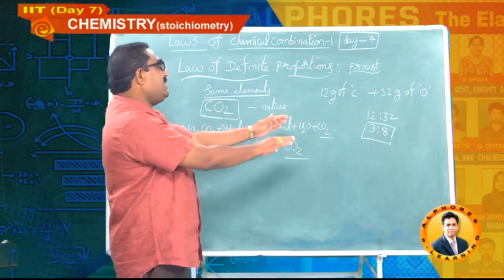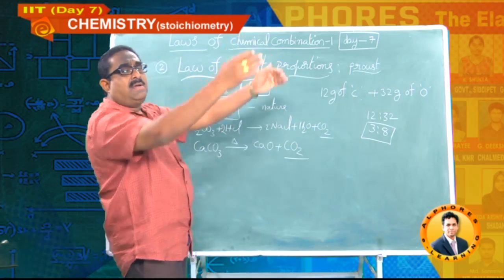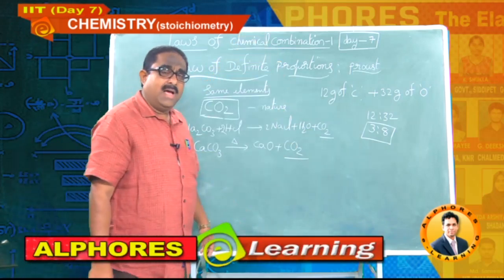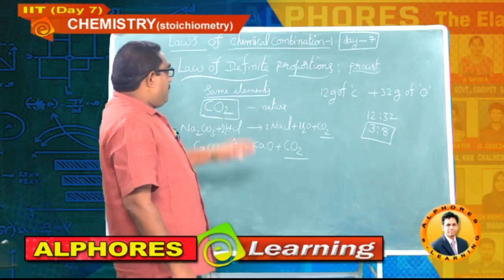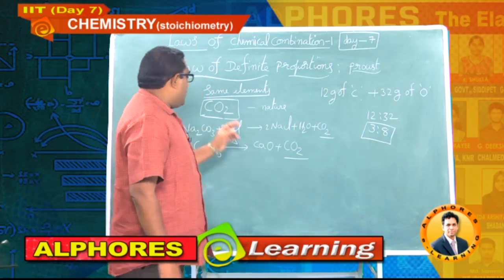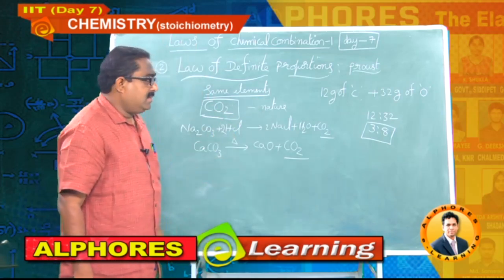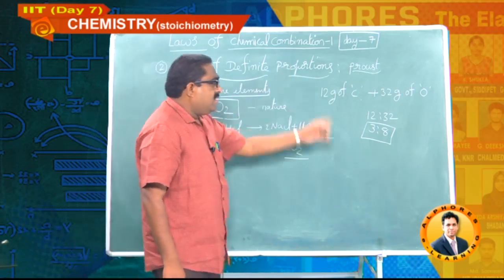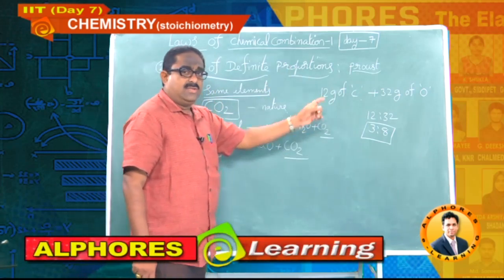If that ratio changes, it means you may get some other compound formed from the same two elements, carbon and oxygen. But for carbon dioxide, the mass composition of the two elements present is always fixed, that is 3:8.